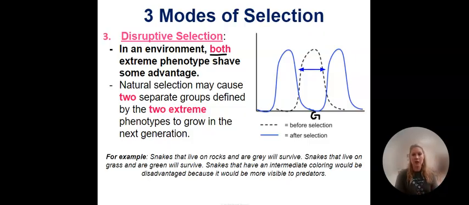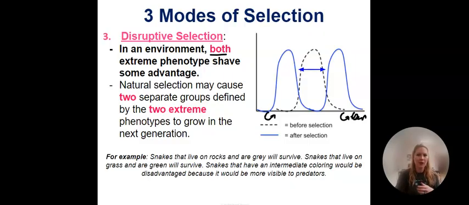But over time, they're being pushed to one or the other extreme. Snakes that live on grass and are green will also survive. So you can be gray and survive, or you can be green and survive.